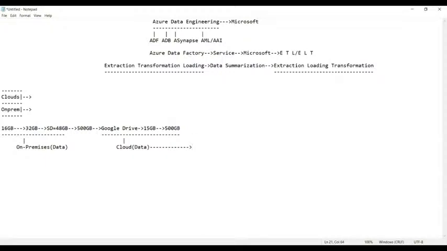Basically, for your understanding, cloud is nothing but the Google Drive you have, and on-premises is nothing but your mobile phone. That is physical, which you can see and touch. Whereas Google takes the data from you and provides you the storage, say 500 GB.